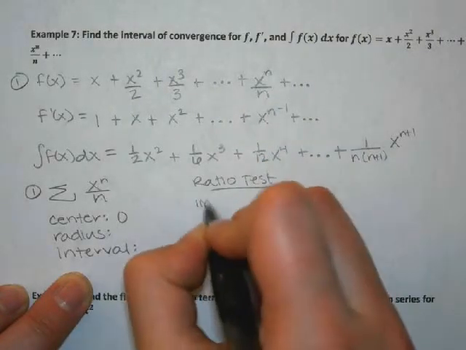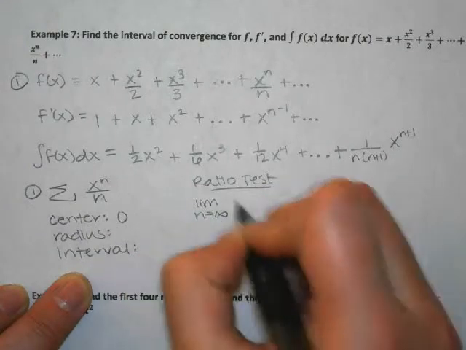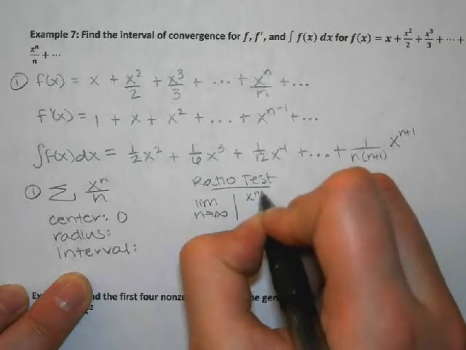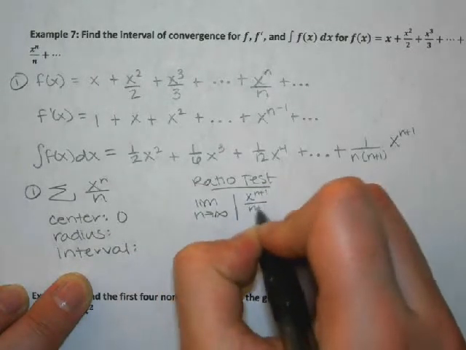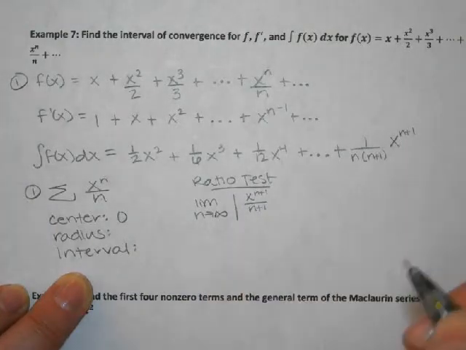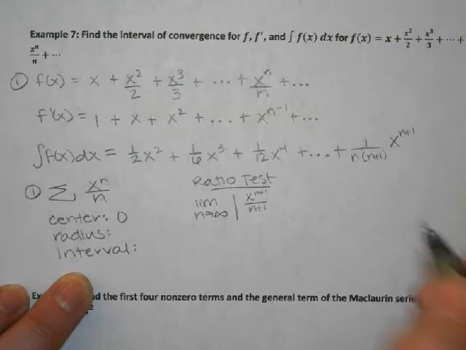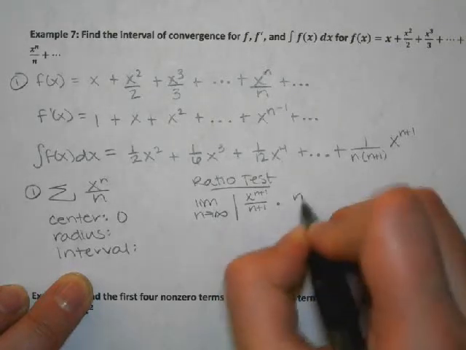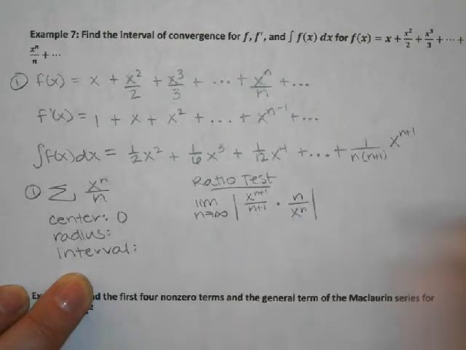So if we do the ratio test on this, we're going to say the limit as n goes to infinity of x to the n plus 1 divided by n plus 1. And are you guys okay with me doing keep it, change it, flip it already? Okay, so times n over x to the n.